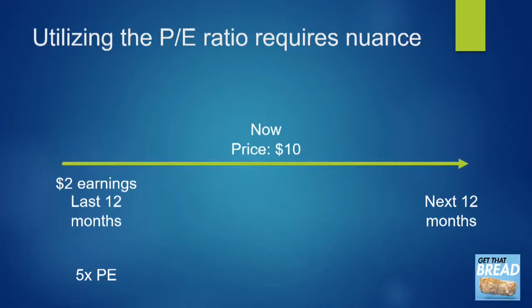But if you were to dig in a little deeper and do a little additional research, you find that the management team is anticipating earnings of 10 cents over the next fiscal period. So forward looking now, the company is going to generate 10 cents. So if the price offered to you was $10 per share, it generated $2 in profit over the previous 12 months, and now over the next 12 months, the management team is anticipating 10 cents in earnings due to whatever factors, right?